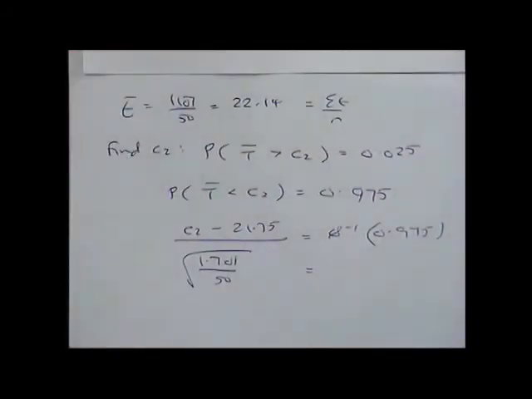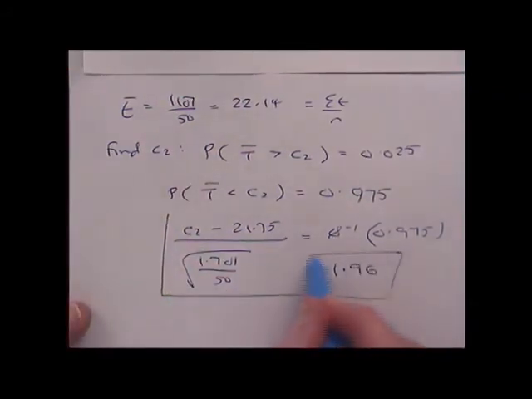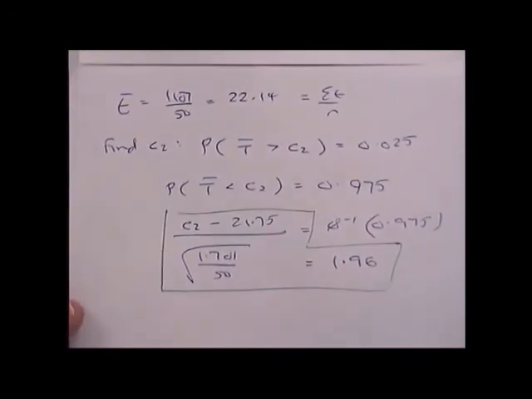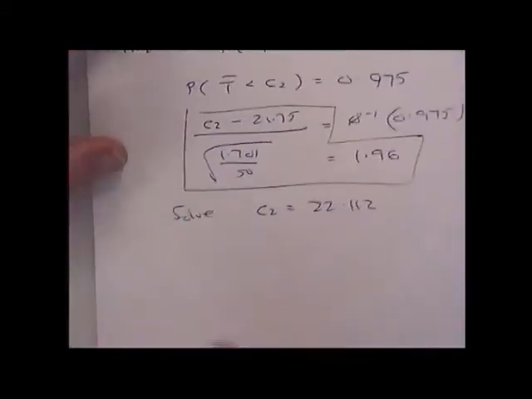And the anti-5 value you will come up with is another one that you will just get in your head. What anti-5 value are people going to be using here? 1.96. Yeah, and again, that's at the bottom of the tables. Okay, for the 2.5% one. So it's a case of solving this equation here. Has anybody got a value of C2 yet? You're working very fast, yeah. 22.112.